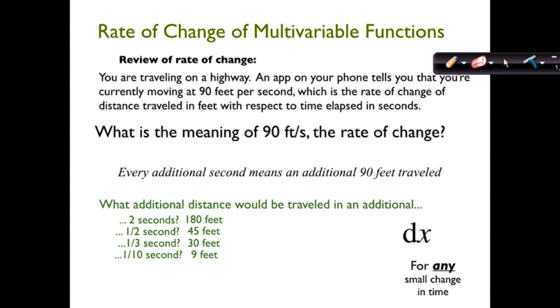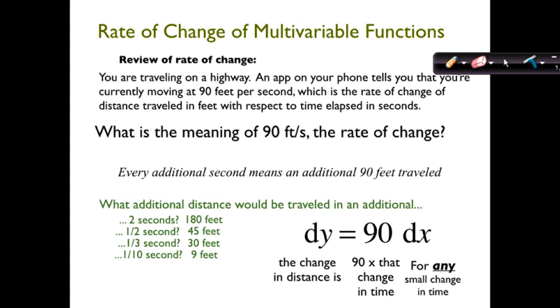So how did you figure all those out? 90 times your change in time, right? So you know that the change in distance is 90 times whatever change in time you chose, or you were looking at. So this is a broad meaning, right? It tells you everything you could know about 90 feet per second, meaning you know how much your change in distance is for any change in time, not just 1 second.